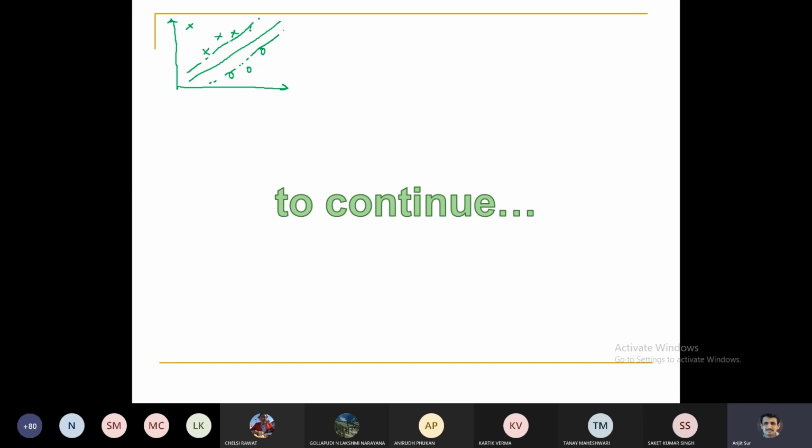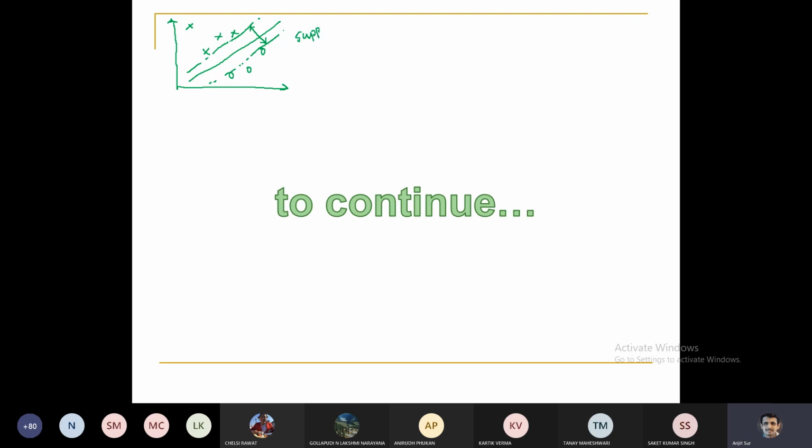This is a kind of margin we can get, based on the closest data points with respect to the decision boundary, and we have to try to maximize these guidelines. The points which play a crucial role in finding these guidelines are called support vectors.